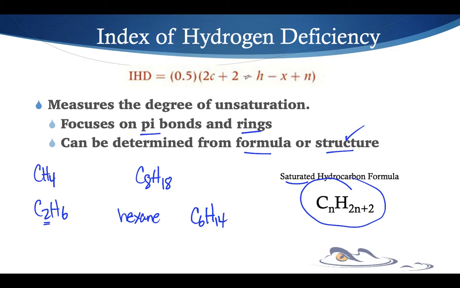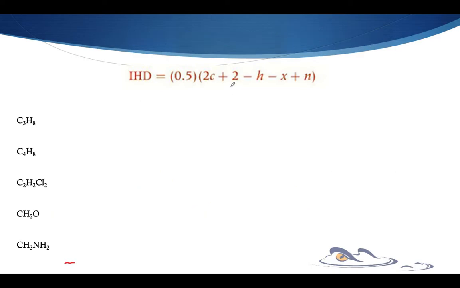Well, you can kind of see that in our degree of hydrogen deficiency up here. So let me zip to the next slide and show you how to use this formula. So in the formula here, this is 0.5, or what I do in the end is I just divide this number here by 2.